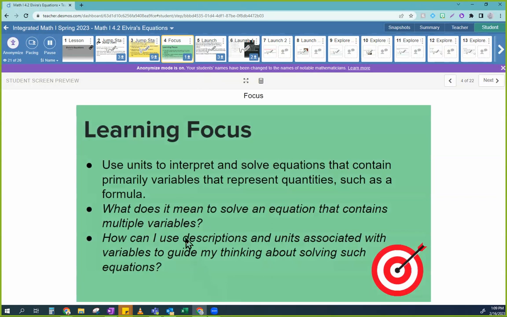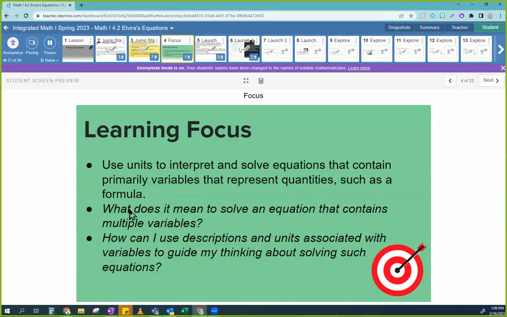All right. So by the end of today, you will be able to use units, like minutes and gallons, to interpret and solve equations that contain primarily variables that represent quantities, such as a formula. You've learned a ton of formulas up until today.